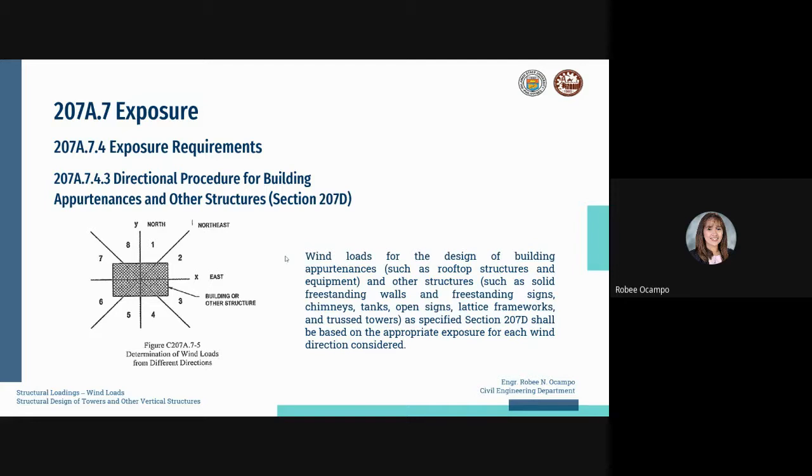For your towers and other vertical structures, you're going to determine the wind loads in 8 parts. So you have a wind load from the north, then 45 degrees, then 90 degrees, 135 degrees, and so on. That will be for every 45 degrees.